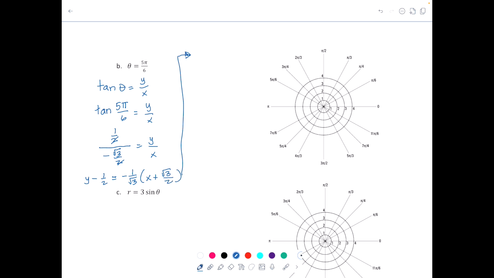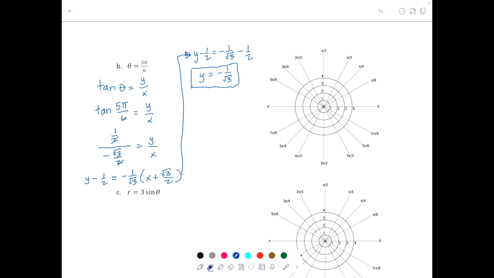And this would be y minus 1/2 equals, if I multiply the negative 1 over root 3 through, negative 1 over root 3 x minus 1/2. When I add the half from the left side to both sides, I'll just get negative 1 over root 3.